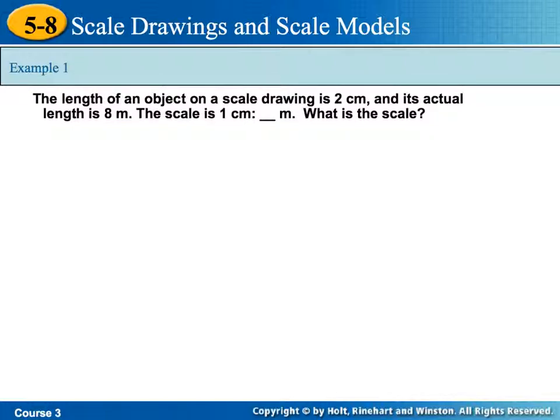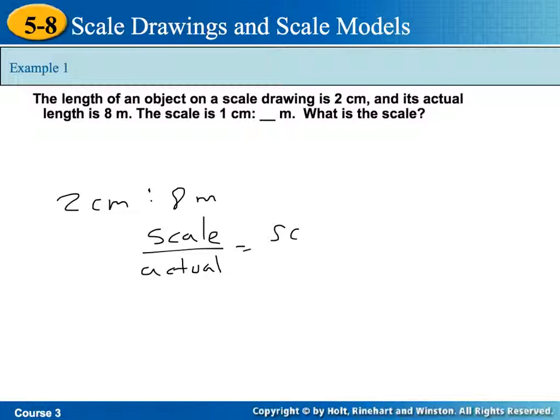So I know that there are 2 centimeters on the scale drawing, and that means it is equal to 8 meters in real life. When we set up a proportion like this, we set up a proportion that goes scale over actual, is equal to scale over actual.